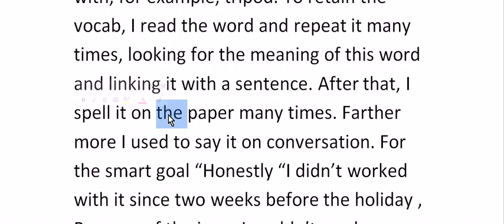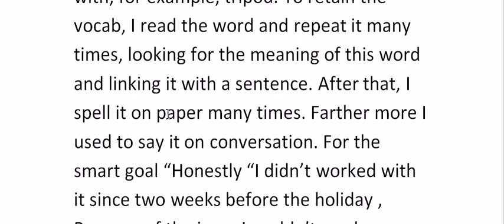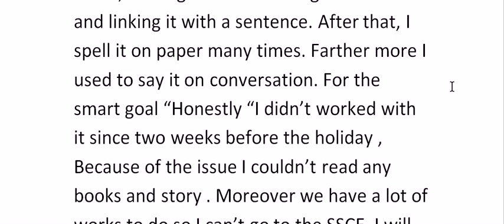Actually, you don't need the, it's on paper, many times. Furthermore, that's one word, and actually usually spelled with a U. And again, it's a linking word like after that and furthermore, so it's followed by comma.